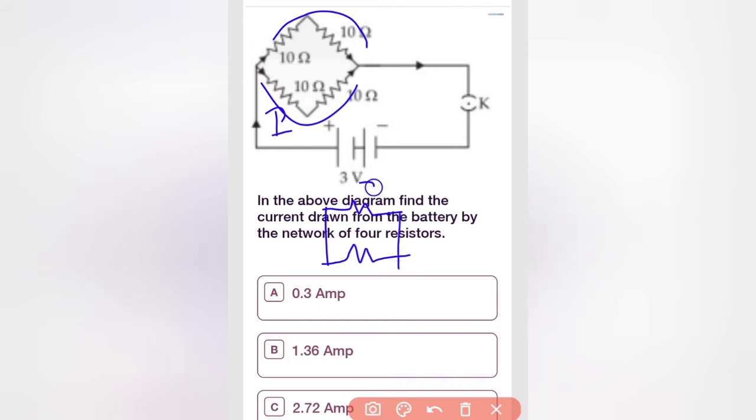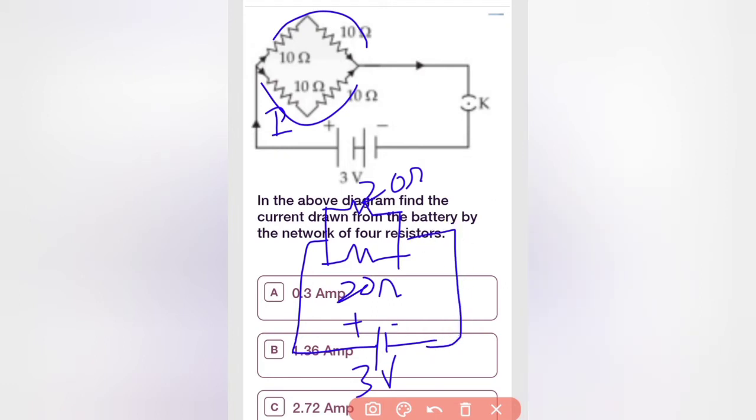Here it is 20 ohm and this is also 20 ohm. Okay, so that has been connected to a 3 volt battery, like this. So we need to find out this current.